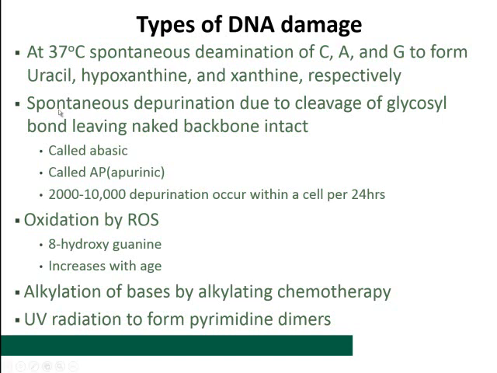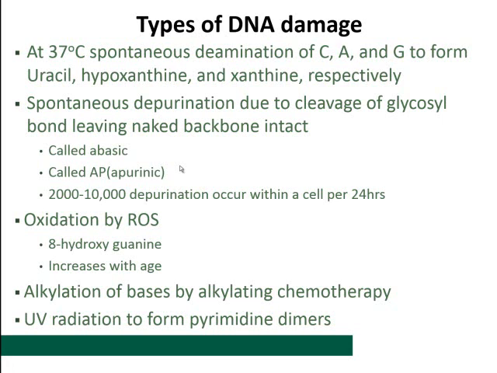This is called spontaneous depurination, due to cleavage of the bond that binds the purine with the deoxyribose sugar, leaving the backbone intact. This is called abasic, or apurinic. And there's an average of 2,000 to 10,000 depurinations that occur within a cell in 24 hours.